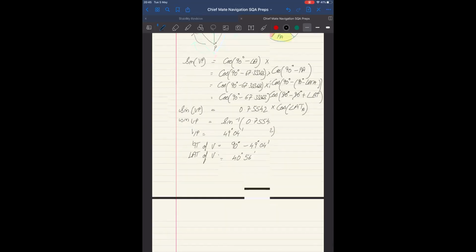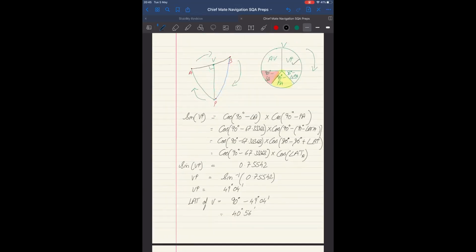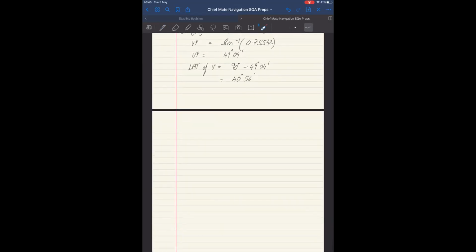Now, since everything was in the southern hemisphere, the naming of V will be the same, south. So we'll write it as 40 degrees 56 minutes south.